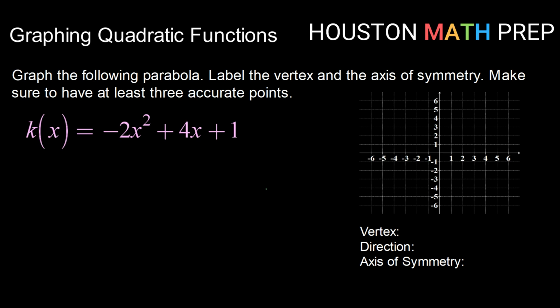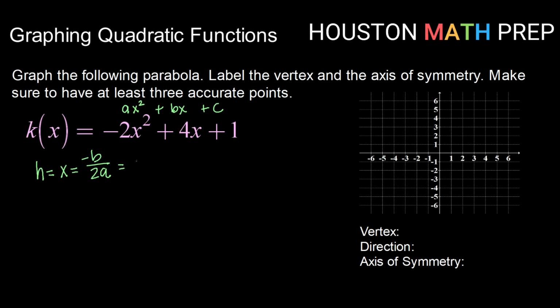So what we can do in that case is use method 2, which says that we can get the h value, or the x-coordinate of our vertex, using the formula negative b over 2a, using that this is in standard form ax squared plus bx plus c.